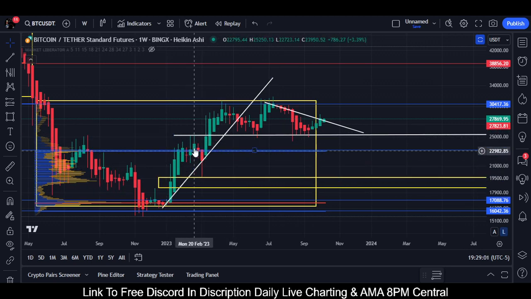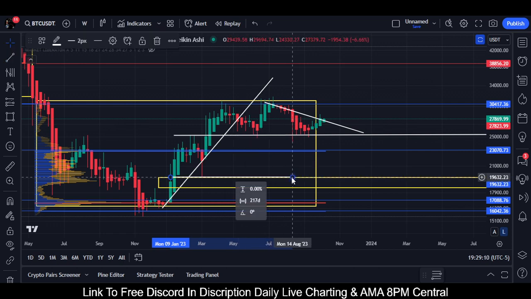Here's our A, B, so we got A, B, C. Then we cool off a little bit. We could put in a wave 5. This could be a 1, 2, 3, 4, 5.